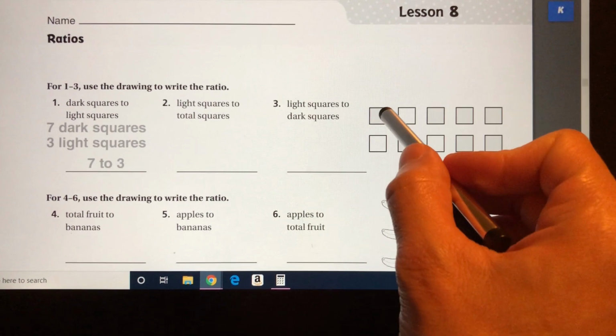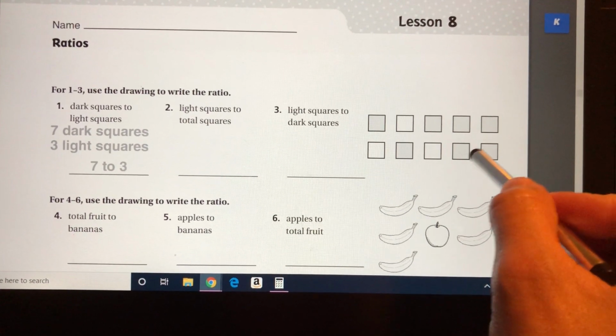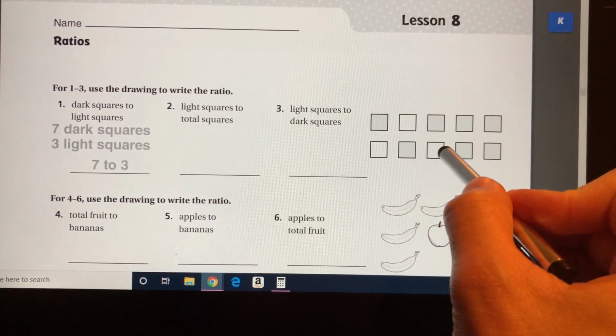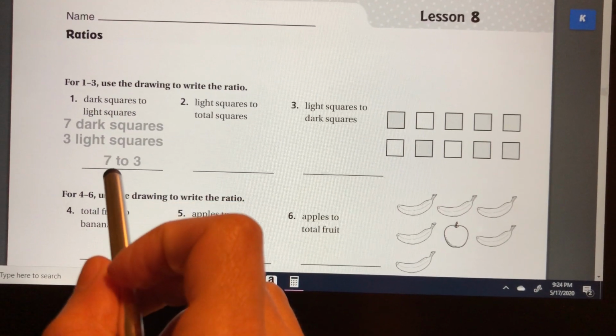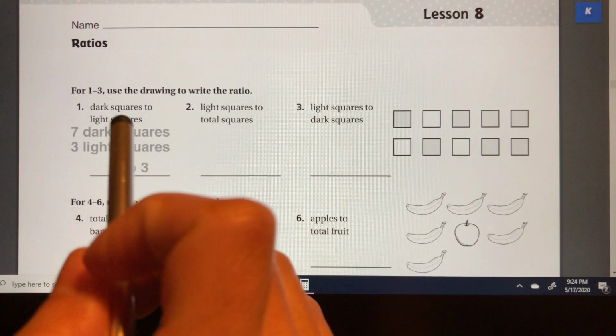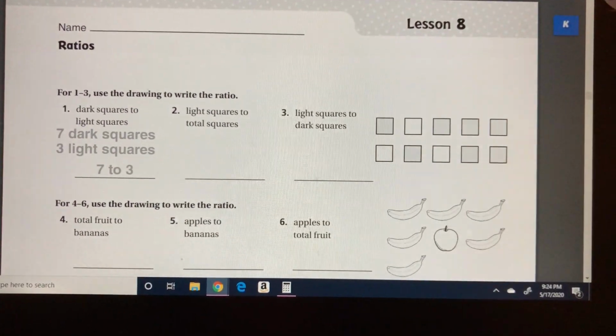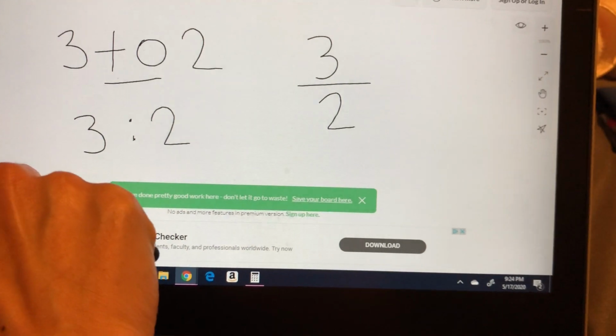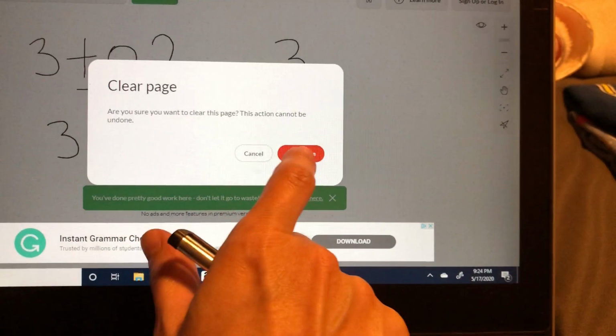The dark ones are obviously the ones that are shaded. They're not that dark, but they're a little bit darker than these 3 here. Okay, so they decided to write it with the word "to" in the middle, 7 to 3. Now, one important thing to remember with ratios is that you must keep them in the same order, okay?